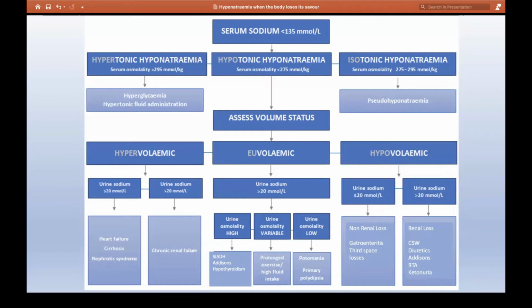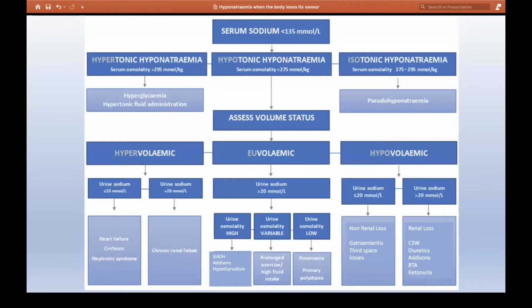You have to see whether the patient is contracted, hypovolemic. So whether the patient is on diuretics, whether the patient has a gastrointestinal problem, or whether there's a third space. And again, you look at the urine sodium. If the urine sodium is more than 20, it's a renal loss because of diuretics or even cerebral salt wasting or Addison's.